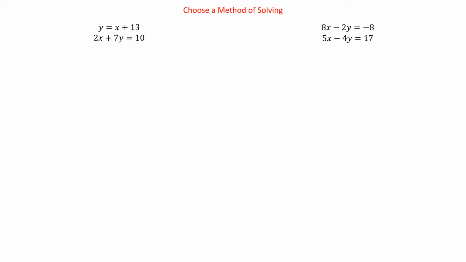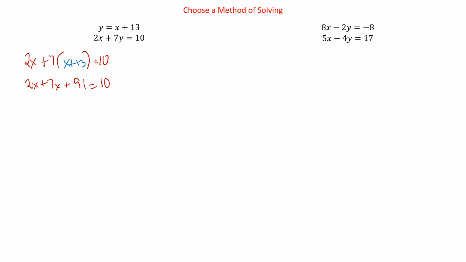But here we have y equals x plus 13. We're going to plug that in for y in the other equation. So we're going to have 2x plus 7 times y equals 10, but instead of y, we have x plus 13. Now we can distribute, so we have 2x plus 7x plus 7 times 13 is 91 equals 10.